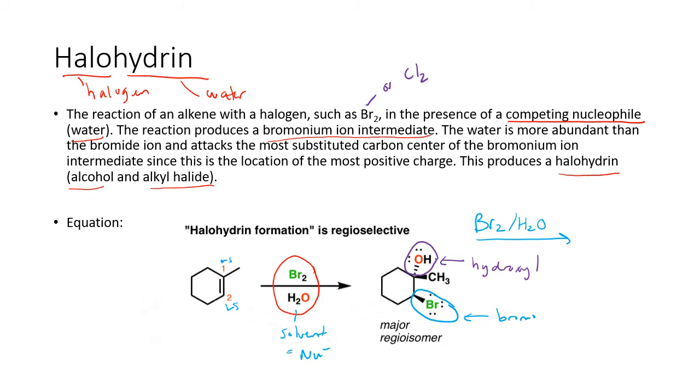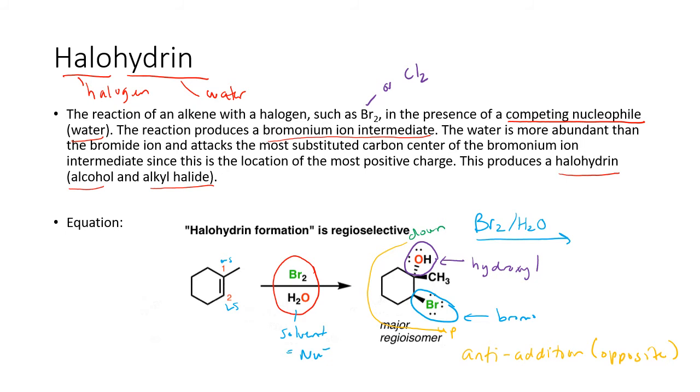The hydroxyl group is on a dash, so think of the dash as representing down for now. And the bromo group is on a wedge, and think of the wedge as pointed up. So we have one down and one up. So that would represent anti-addition or anti-stereochemistry, where they are on opposite faces.